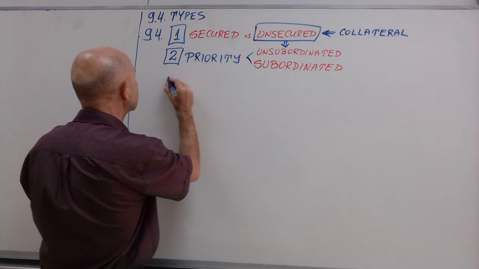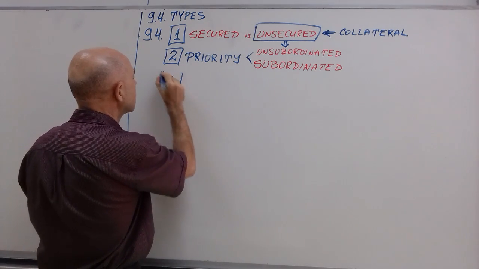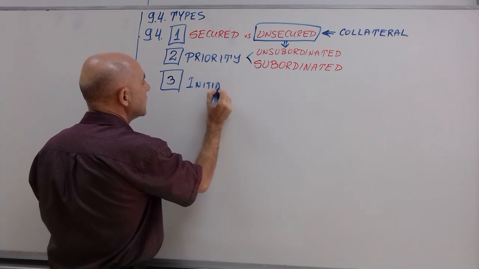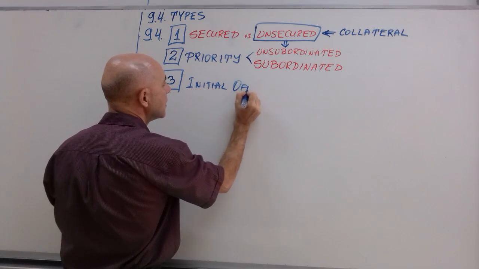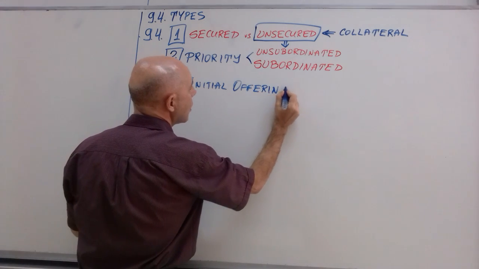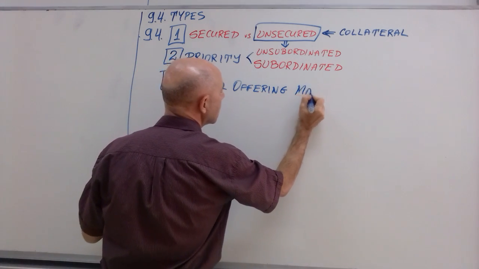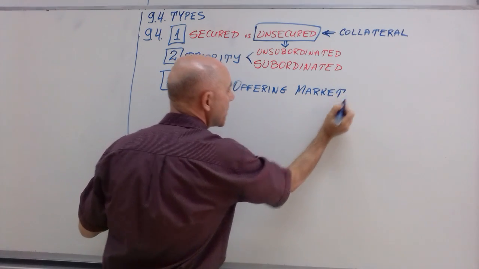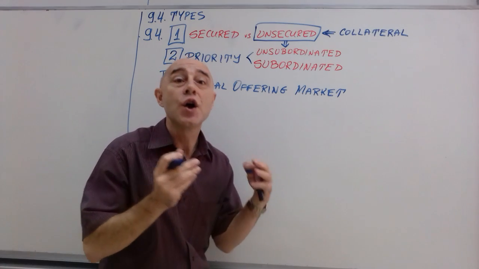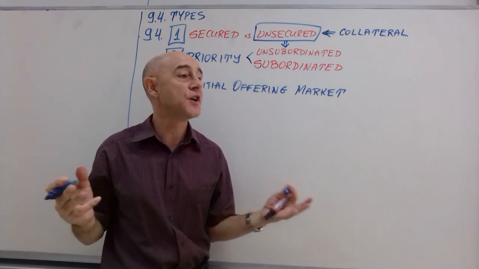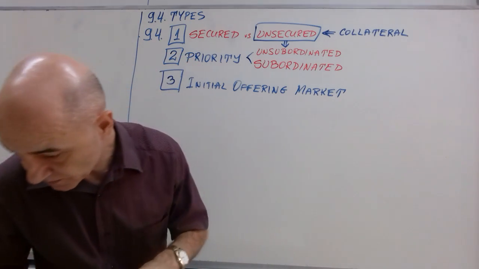Number 3. Initial offering market. It simply means where was the bond sold for the first time.